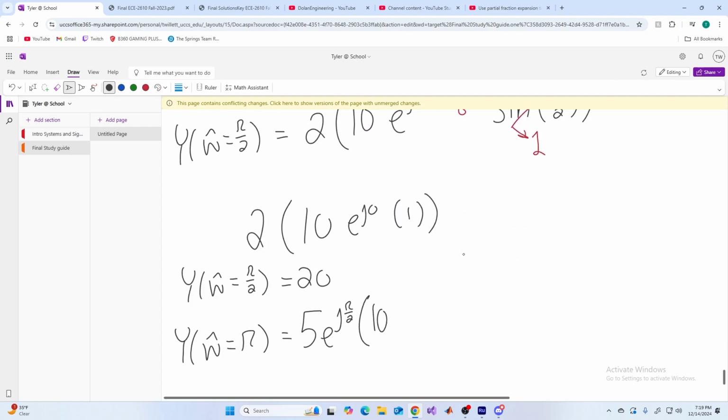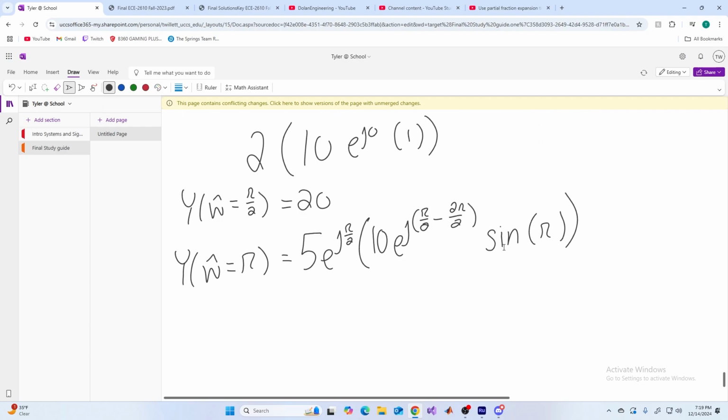10 e to the j pi over 2 minus 2 pi over 2 times the sine of pi. Well, the sine of pi is 0, so y sub w hat at pi should equal 0, because that goes to 0.